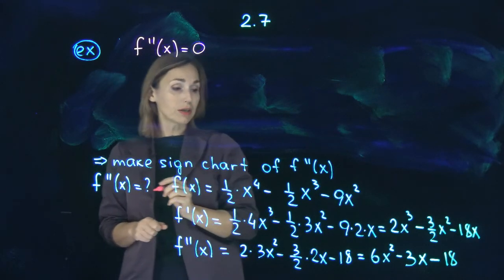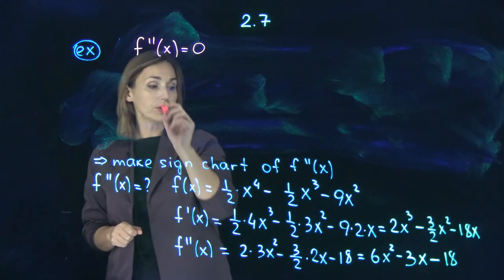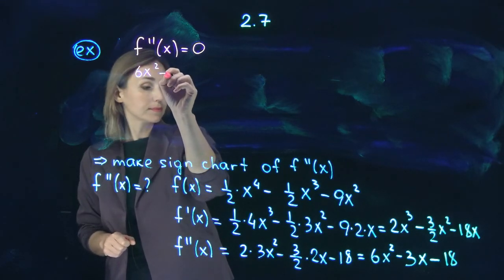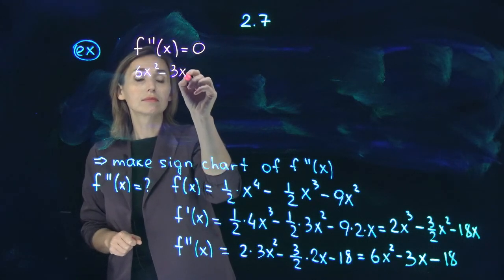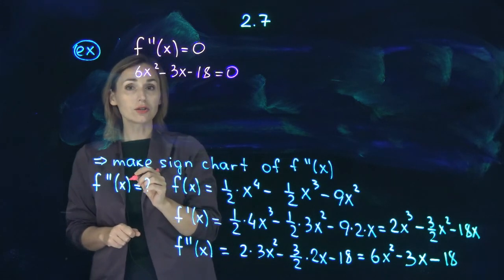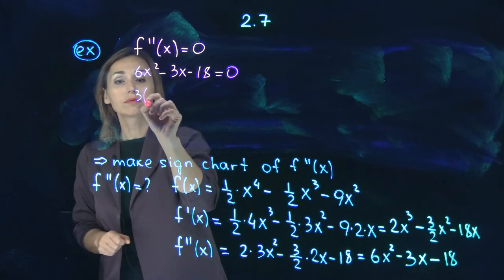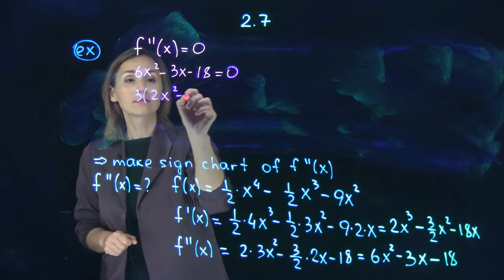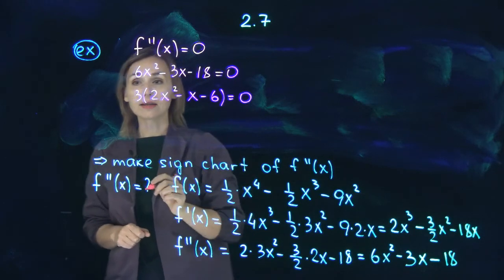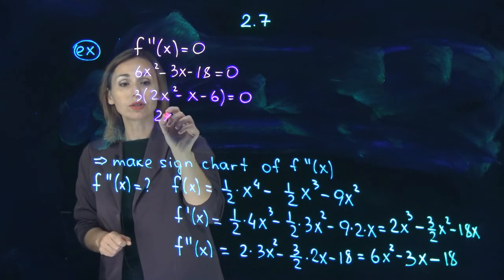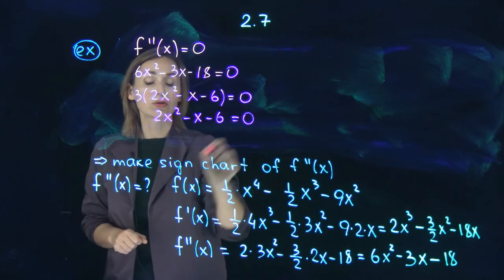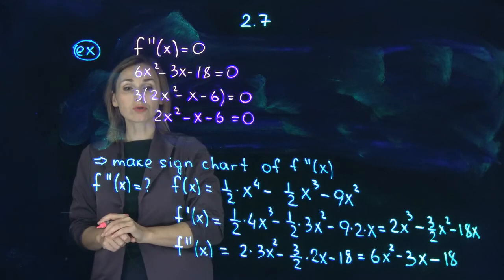I have the quadratic function 6x squared minus 3x minus 18. I can see that there is a common factor 3 in here. I can divide by this 3, so I have the quadratic equation 2x squared minus x minus 6 equals 0. To solve the quadratic equation, let's use the quadratic formula.